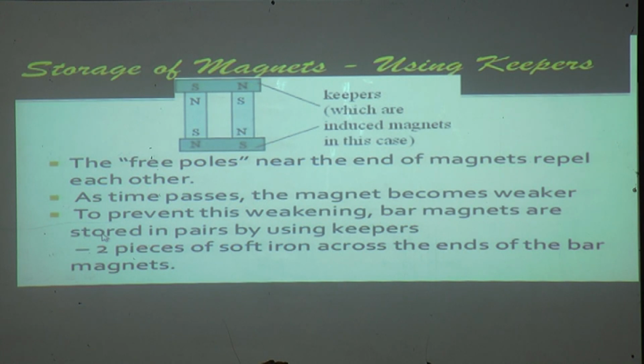If we do not keep it in a box or in a particular way, these magnets will become weaker. To prevent this weakening, bar magnets are stored in pairs, using keepers. So these are keepers. Keepers are nothing but induced magnets which we can get by the soft iron bar and the permanent magnets. So two pieces of soft iron across the ends of the bar magnets.